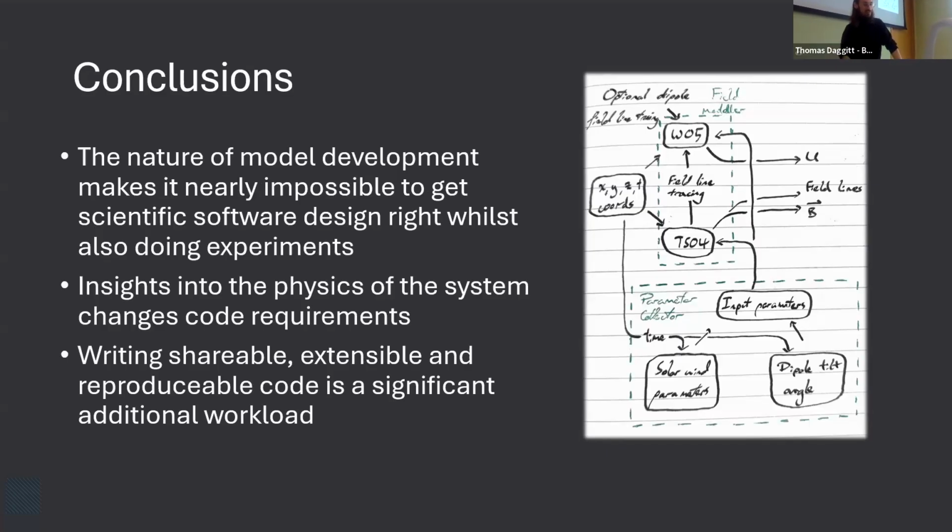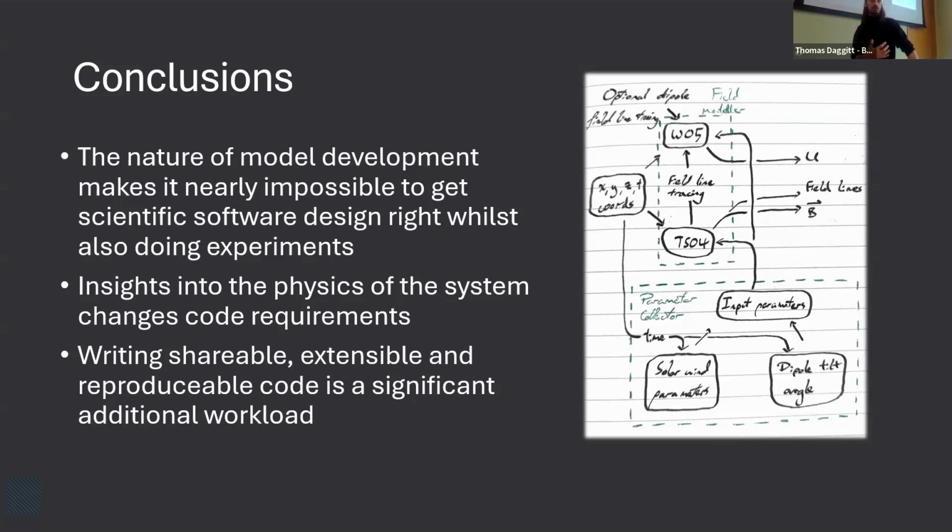But yes, the points I wanted to make are that the nature of model development means that if you're developing a model the first time around, it's incredibly difficult, for me at least, to get scientific software design right the very first time, just because you don't have a well-constrained problem.